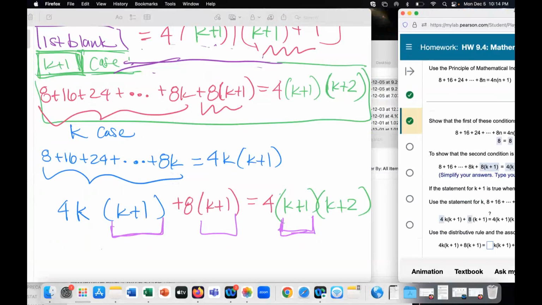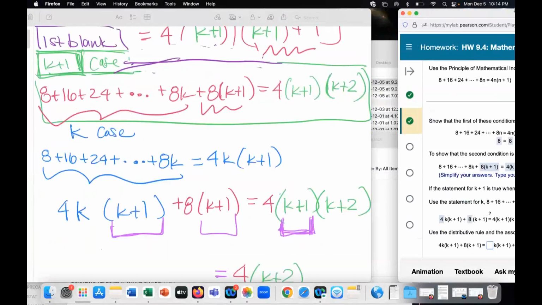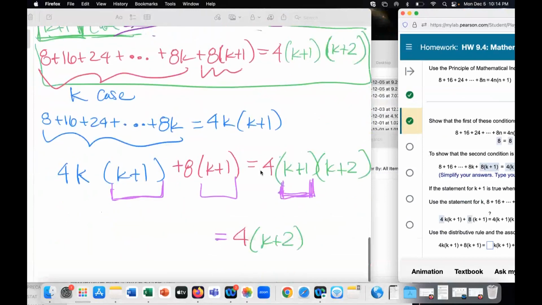I'm going to put it at the back for right now, and leave it in purple because that's the one I was using. So I'm going to rewrite this multiplication on the right side. So 4 and K plus 2 are together. I'm going to leave my K plus 1 at the back because I know I want a K plus 1 in 2 individual terms, okay?